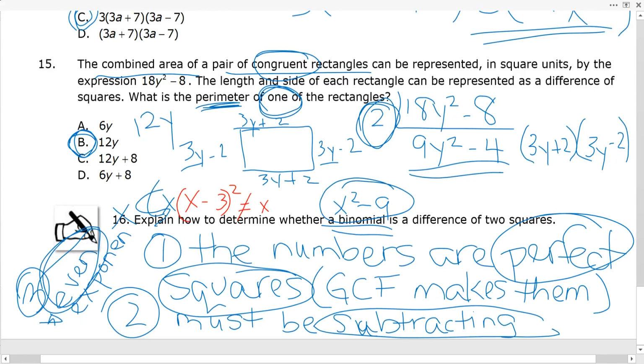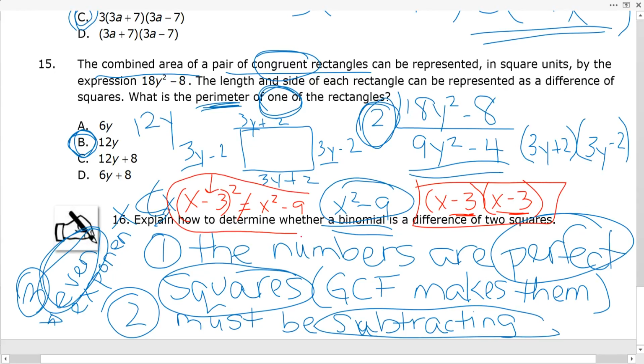Does not equal x squared minus 9. Because that gives me 2 negative signs. If I have x minus 3 squared, I have x minus 3 times x minus 3. My b values are not going to cancel out because they're both negative, and we're going to talk about that tomorrow. So make sure you remember this.